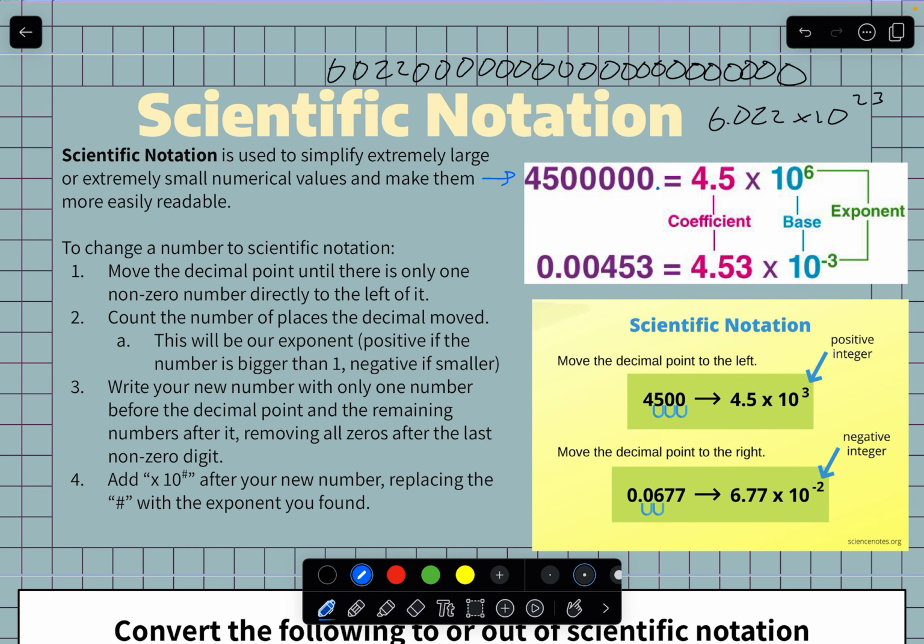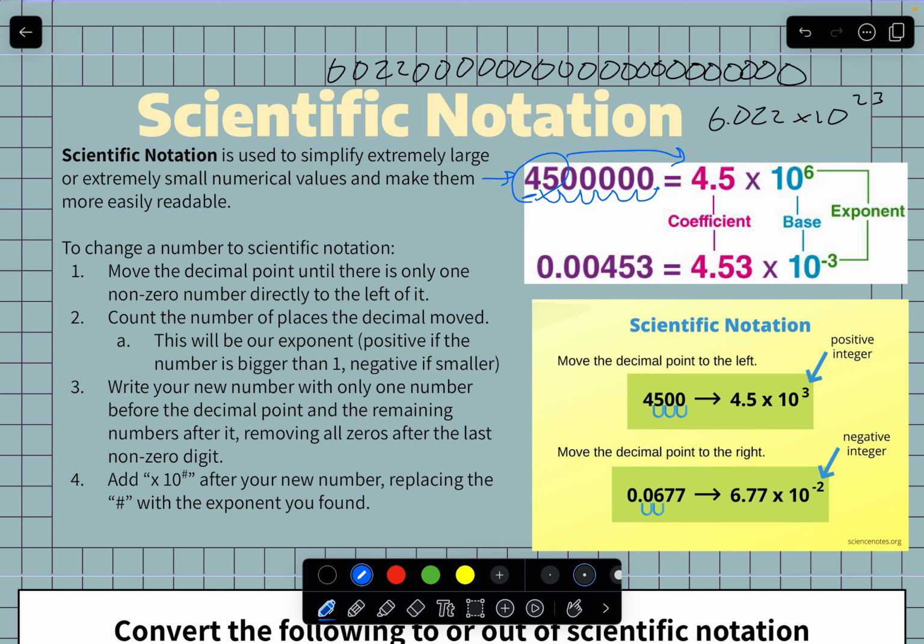We're going to move it so there's only one non-zero number to the left of it. So our first non-zero number here is going to be the 4. So we're going to move it 1, 2, 3, 4, 5, 6 times until we're before the 4. So we get the 4.5, right?